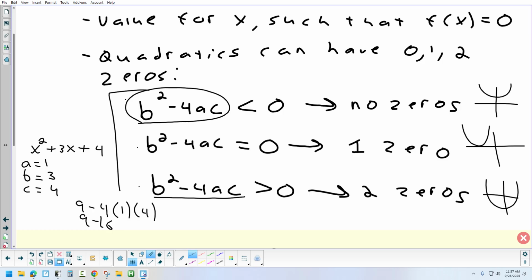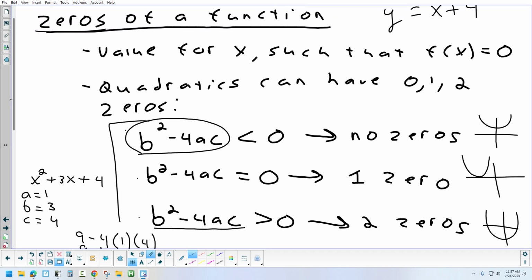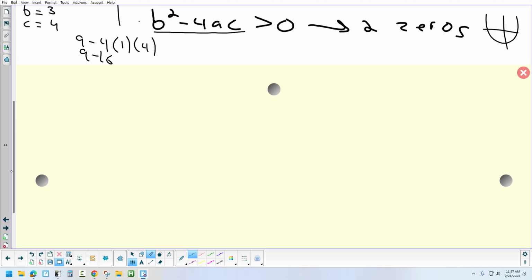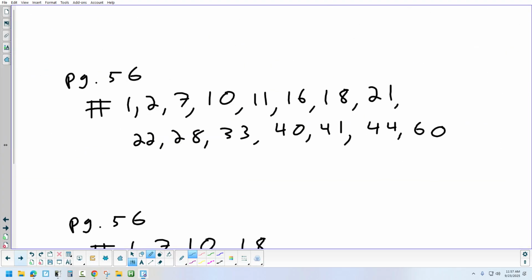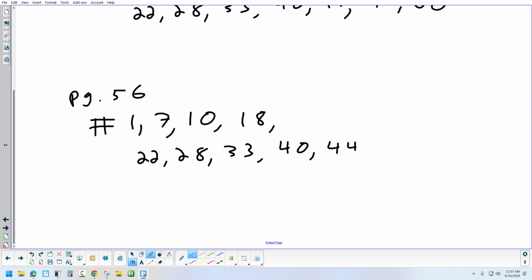Okay, so any question on that? So that is section 1.5. Okay, so the homework tonight is on page 56. It's on both pages, it's just 56.